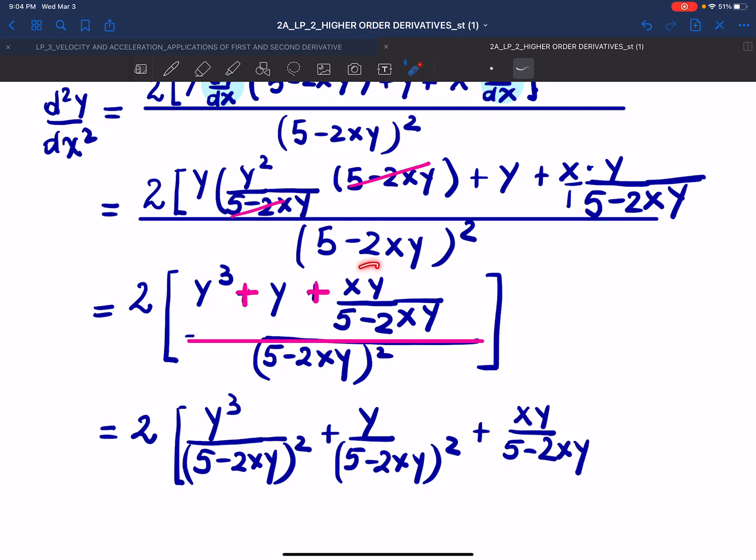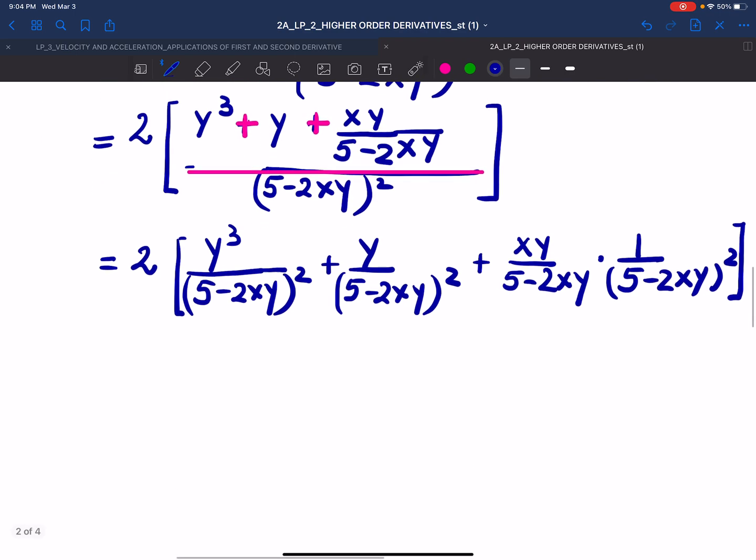So this term in here is right here. Now multiplied by the reciprocal of 1 over (5 minus 2xy) to the power of 2. And I will close the brackets.